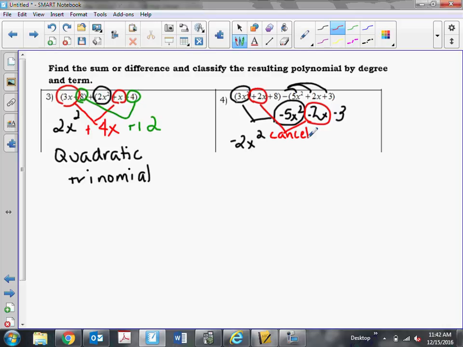Then I have an 8 and a negative 3. An 8 and a negative 3 gives me a positive 5. So our ending answer here is a negative 2x squared plus 5. This has a degree of 2, and it has 2 terms. So we would call this a quadratic binomial.